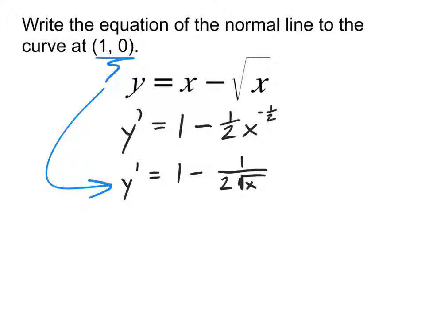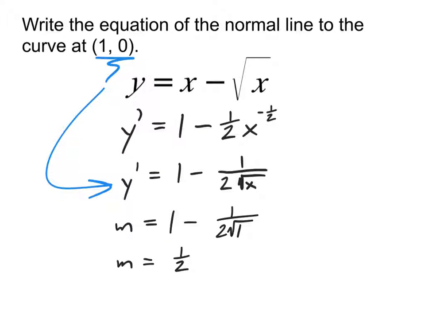To find my slope, I'm going to take my x value from the original point and plug that in for x. So we're now going to m equals, and I'm switching over to m because now it is the slope of the tangent line. 1 minus 1/2 times the square root of 1. Well, of course, the square root of 1 is 1. That's going to be 1/2 then. So 1 minus 1/2 is 1/2.